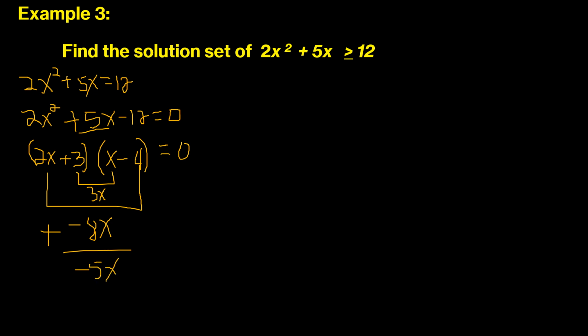So it's not positive 5x. Our linear term in our original quadratic inequality is positive 5x. So our trial is not correct.